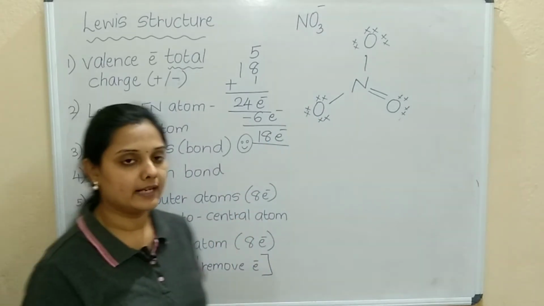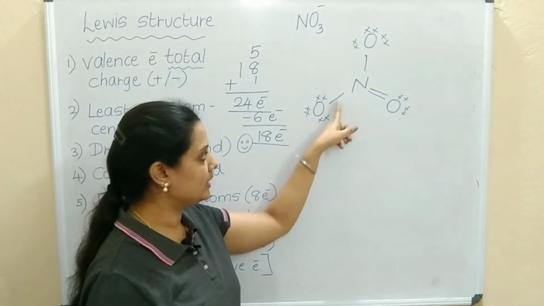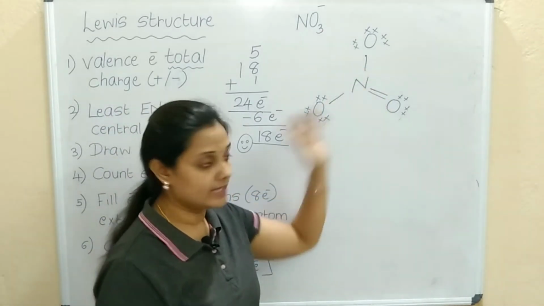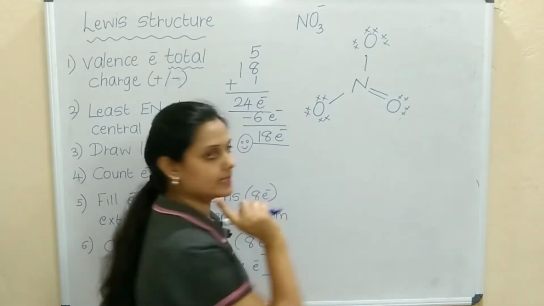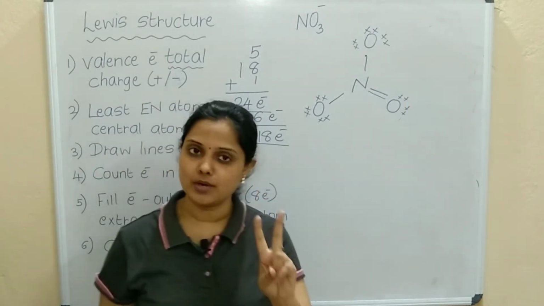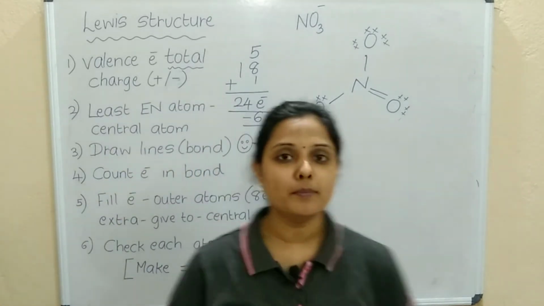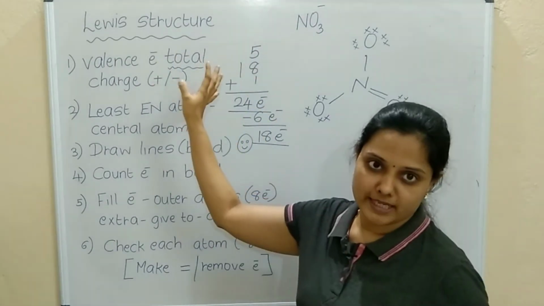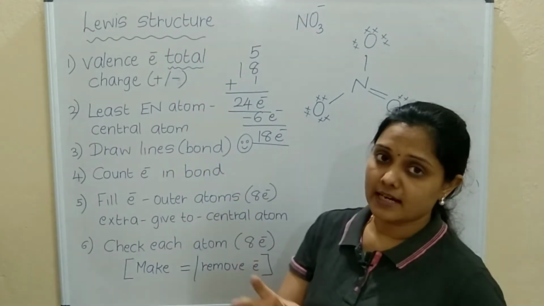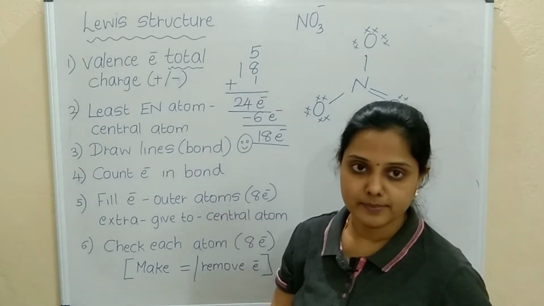Now check the electrons in each atom. Nitrogen is getting 1, 2, 3, 4, 5, 6, 7, 8. Same with this oxygen, 8. So hope it is a simple trick. You just have to remember the points. Total the electrons, adjust for charge plus or minus. Then the least electronegative atom goes at the center, surrounded by the outer atoms.